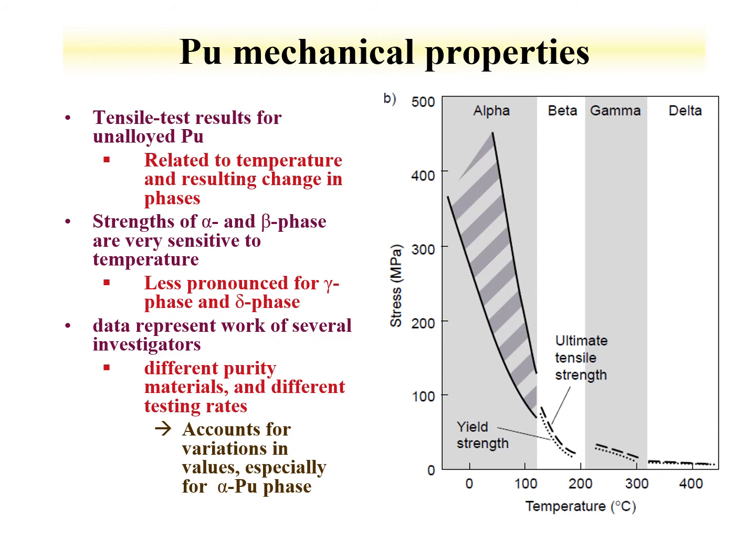Now, the ranges are fairly wide, and this is a compilation of different work, and there might be some variations in the behavior and properties of the materials, particularly for the alpha phase plutonium. That's why we get such a large range. But what we do see as consistent is this large change in stress as a function of temperature. So over 100 degrees, we go from something on the order of 100 to 400 megapascal, whereas for the gamma and delta phase, over 100 degrees for the delta phase, we hardly get any stress change.